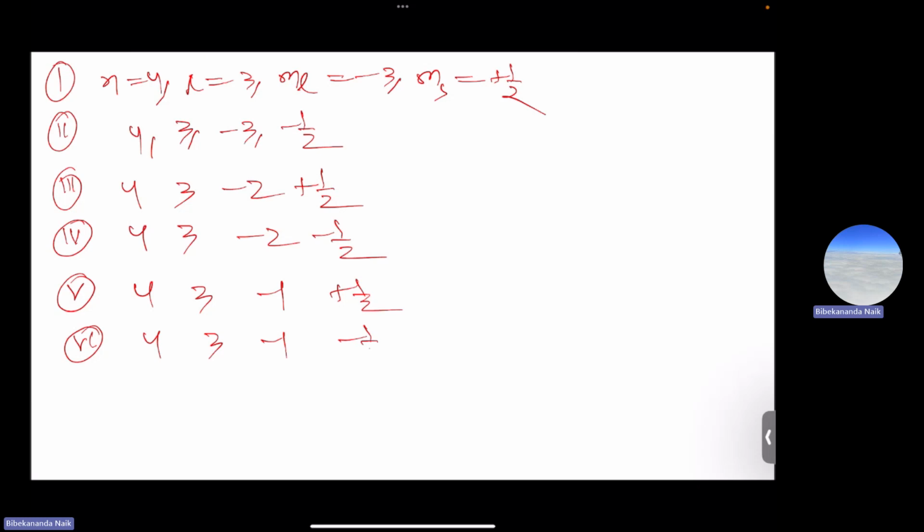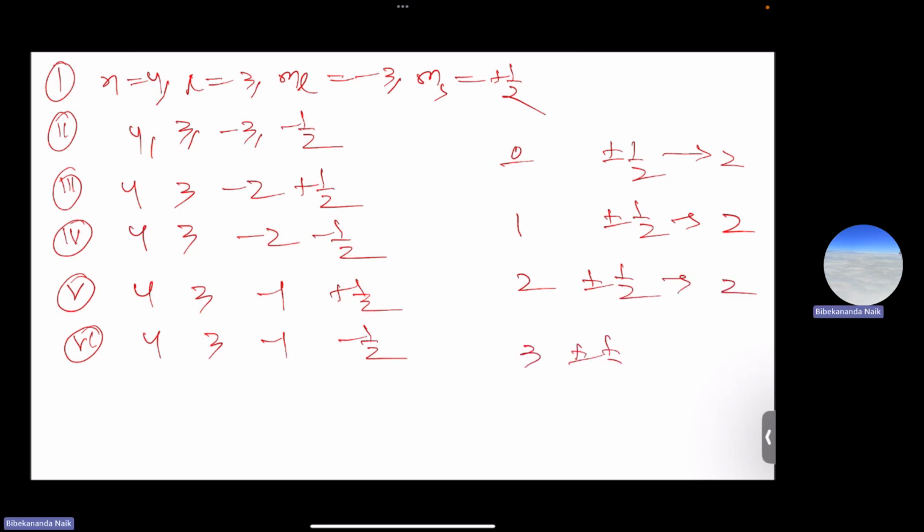Like this, 4, 3 will be the same for all the electrons. Similarly, we will have 0 plus minus half, two electrons, 1 plus minus half, another two, 2 plus minus half, another two, and 3 plus minus half, another two. So these are 6, these are 8. So the total will be 14 electrons.